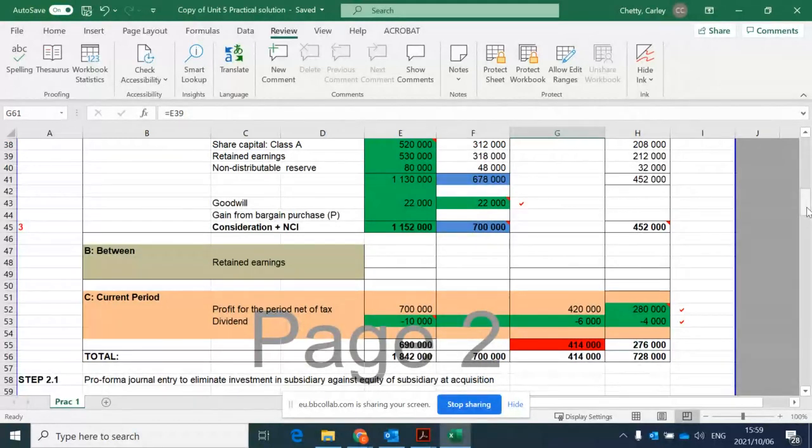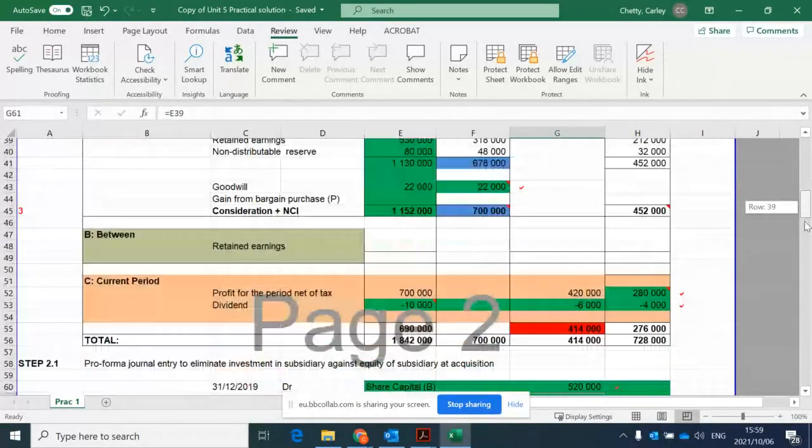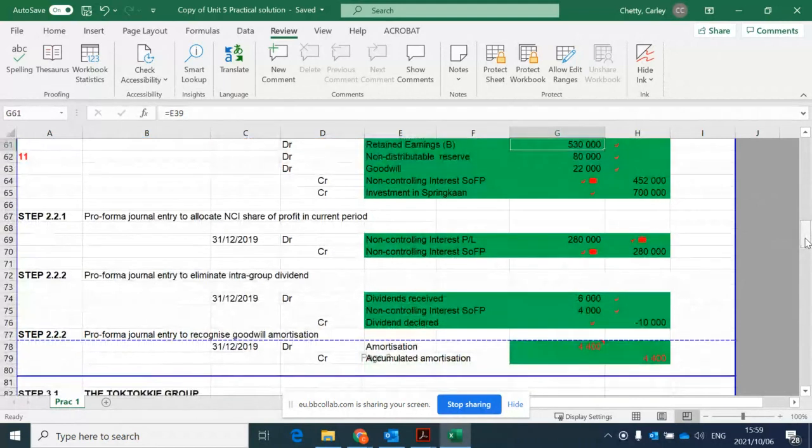So we also need to show that a portion of SpringCon's profit will actually go to the non-controlling interest. So you will include in that pro forma journal entry 276,000.